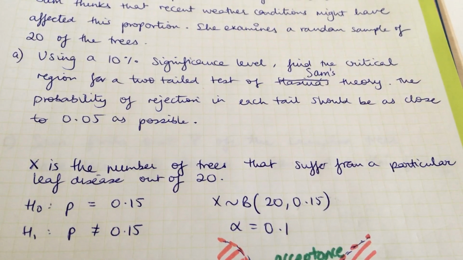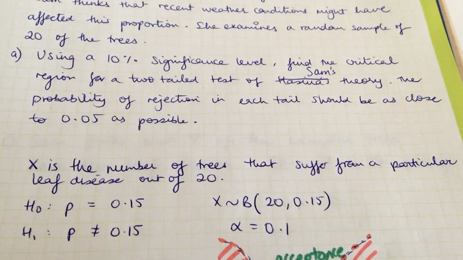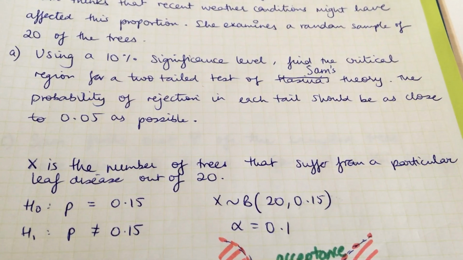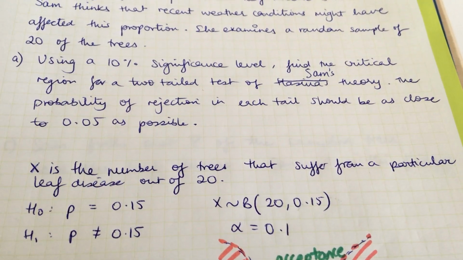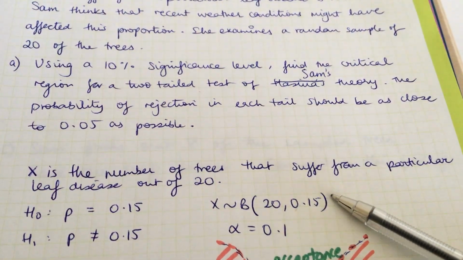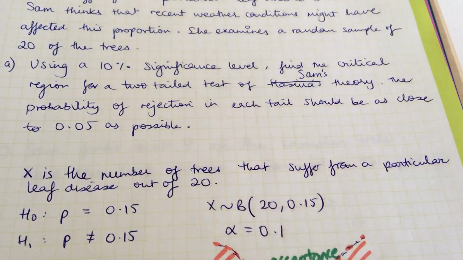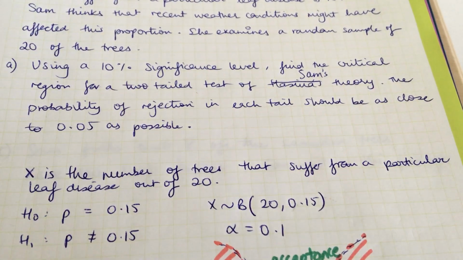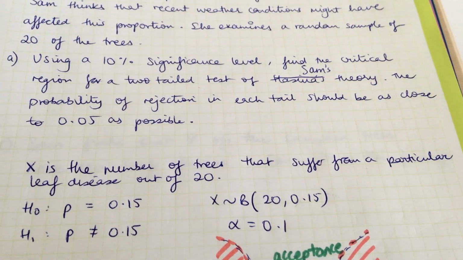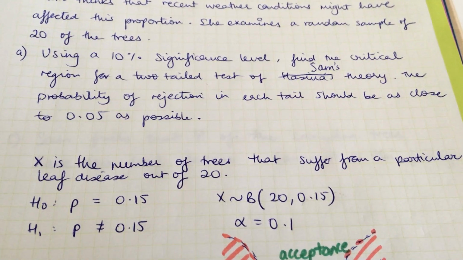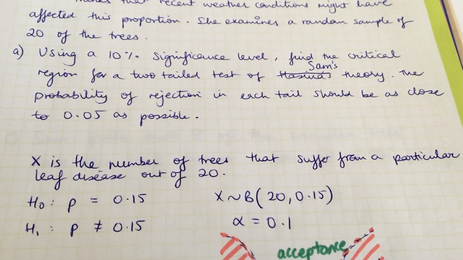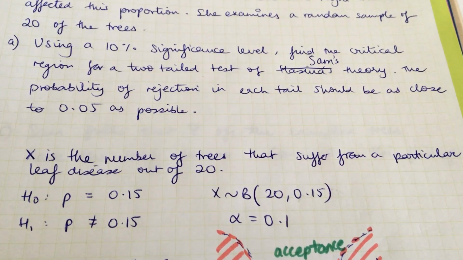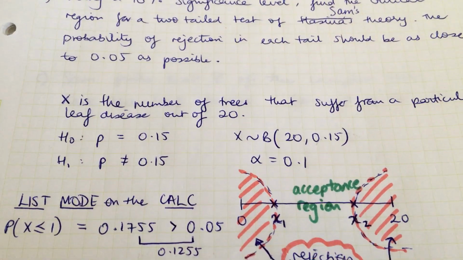The alternative hypothesis, what Sam's claim is, is that the probability is no longer the same, it's different. The distribution has to be stated, which is here. X is distributed according to binomial distribution, with 20 as the number of trees we are looking at and 0.15 as the probability of success, which is the fact that they have a disease. And our significance level is 0.1, which will get split up in 0.05 on either side of the hypothesis test.